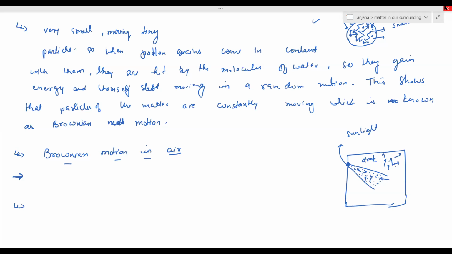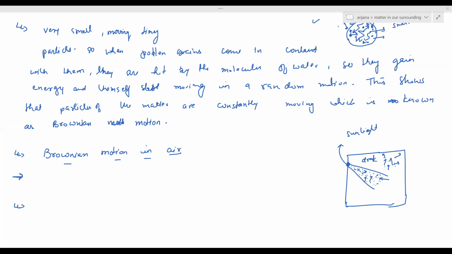So what do you understand? What conclusion can you draw from this Brownian motion, from the movement of pollen grains in water and the movement of dust particles? Apart from fast moving particles, why are we studying this? What is our main motive? To understand that every matter is made up of very small tiny particles.